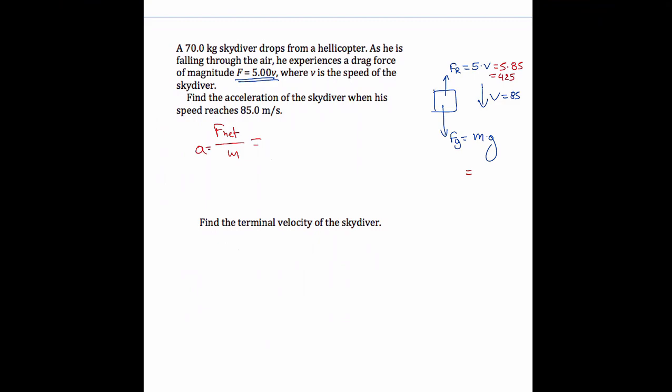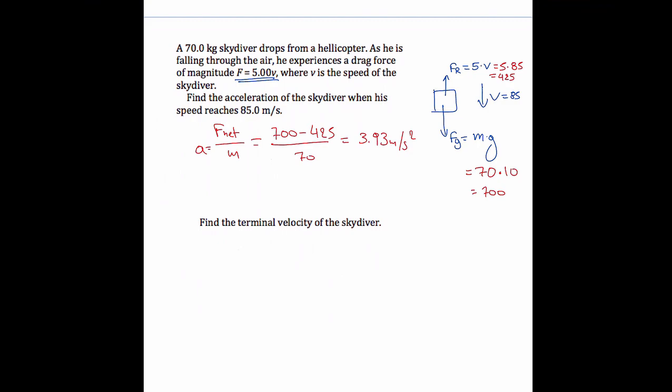The force of gravity is approximately 70 multiplied by the acceleration of gravity, which is 10, so it is 700. So 700 minus 425 divided by the mass, which is 70. And we will need a calculator for this. So 700 minus 425 and then divide by 70. This will be just a little bit less than 4. So it is 3.93 meter per second squared.